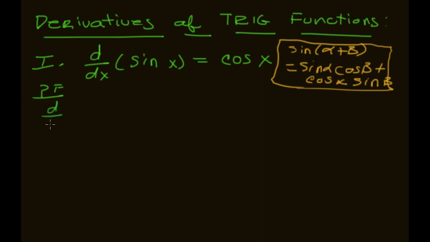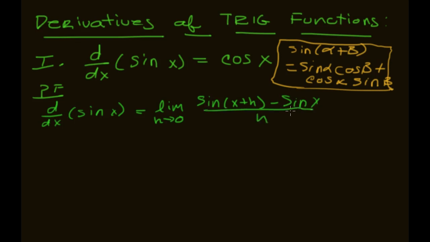We go to the definition here. The derivative of sine of x should be the limit as h approaches 0 of sine of x plus h minus sine x, over h. That's what the definition of the derivative tells me.